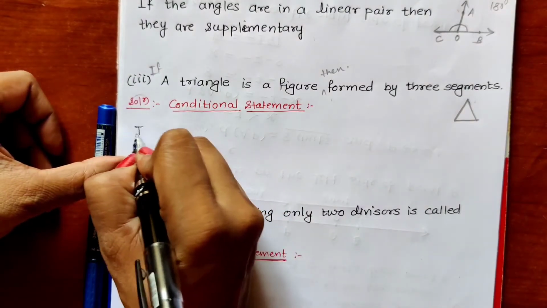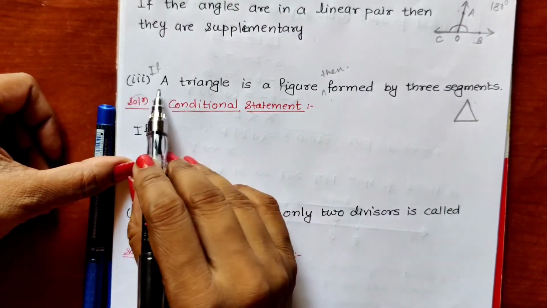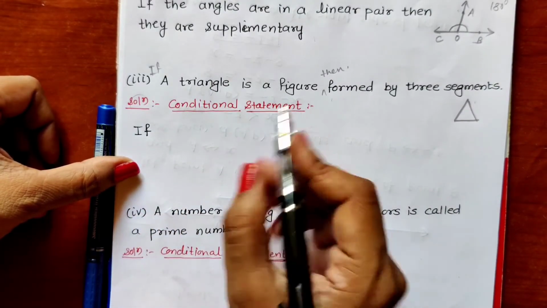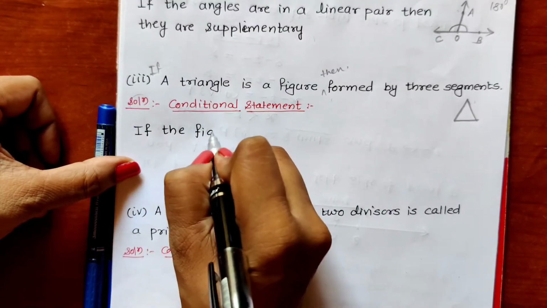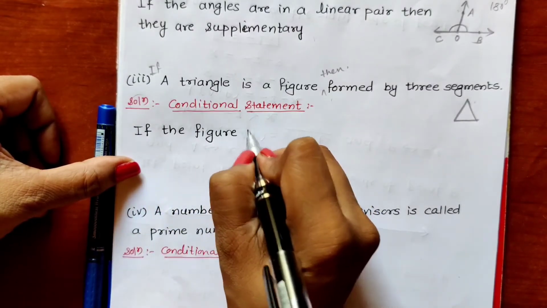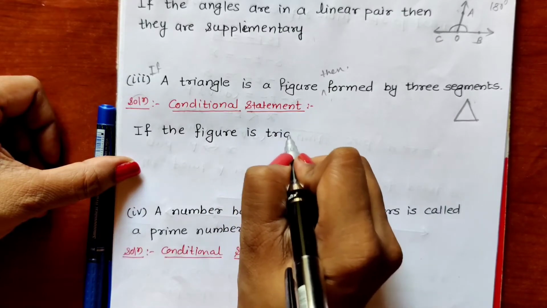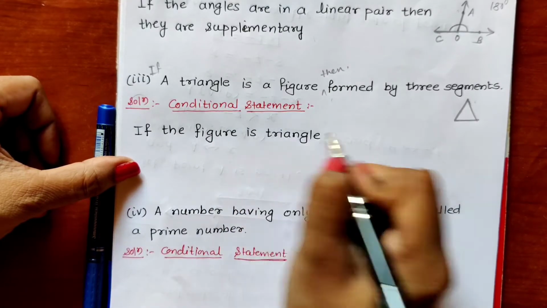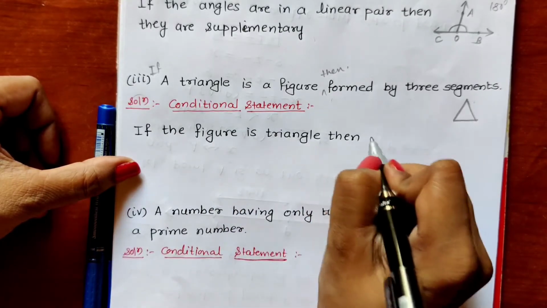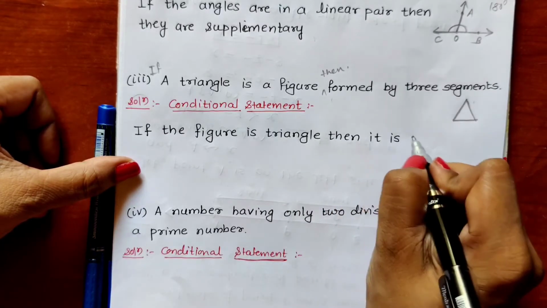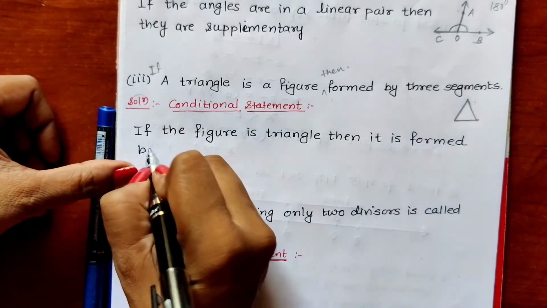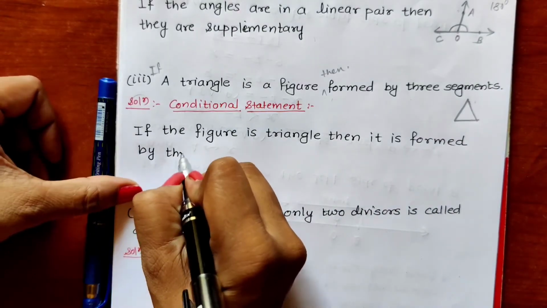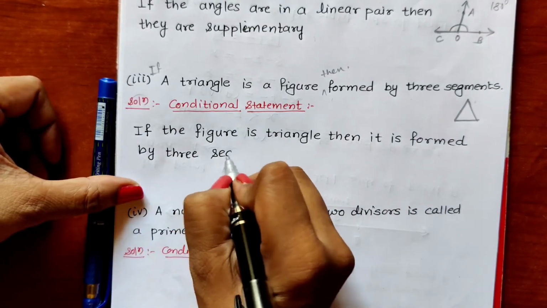So, shall we write, if a triangle is figure? No. If the figure is triangle, then it is formed by three segments.